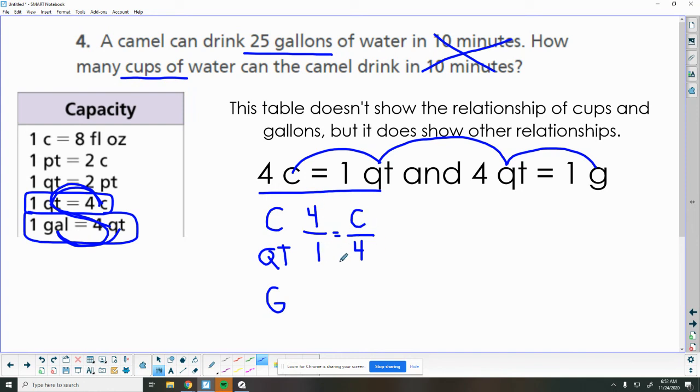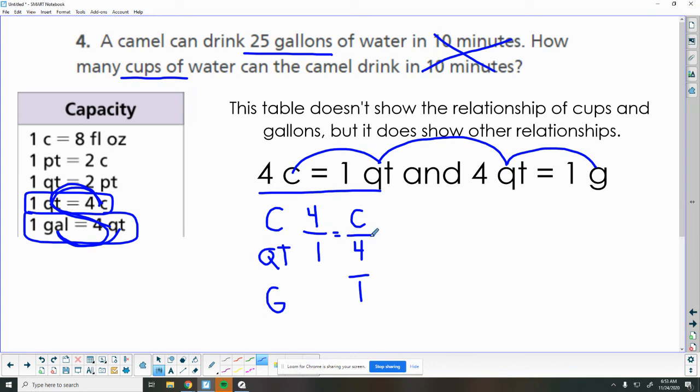So we're going to start here with this problem. And we want this 4 here because 4 quarts is 1 gallon, and we're trying to compare cups to gallons. Right now, we don't need this yet, but that's why we put a 4 here, is because 4 quarts is 1 gallon. So let's find C by itself.